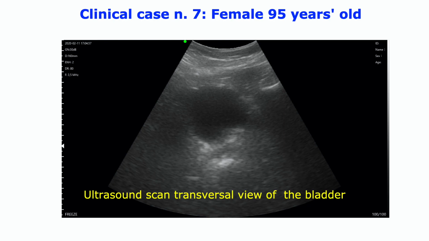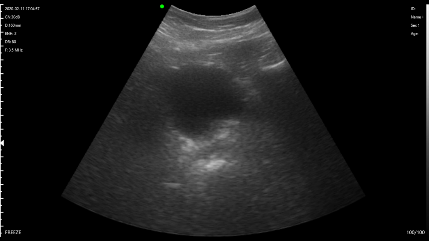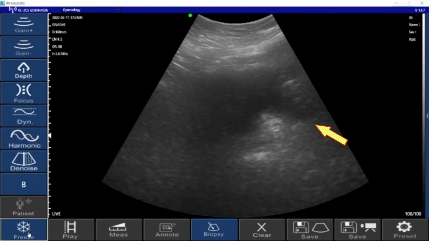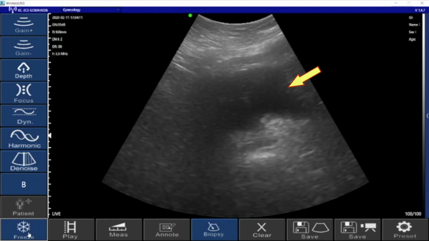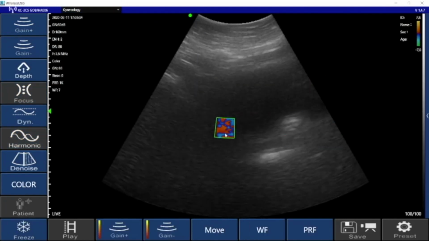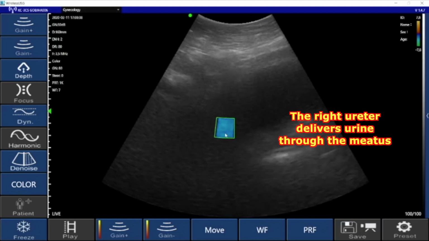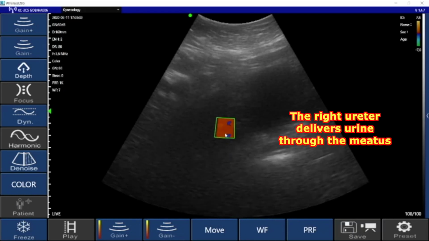A second ultrasound scan focused on such a differential diagnosis. The bladder was deformed due to the previous resections, but no recurrence of bladder carcinoma was detected inside. By color Doppler ultrasound scanning, the flow from both ureteral meatuses was spotted, and therefore post-renal obstructions were ruled out definitively.